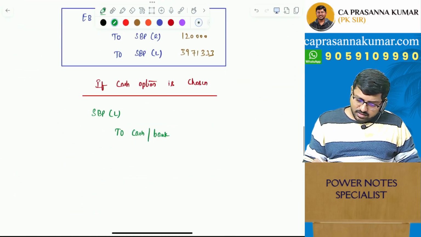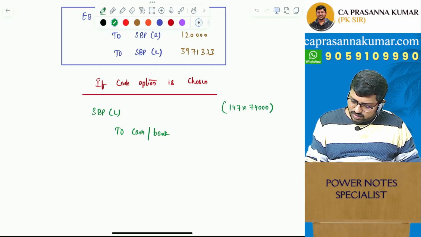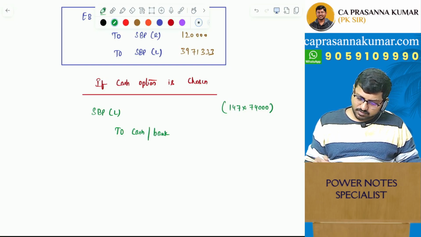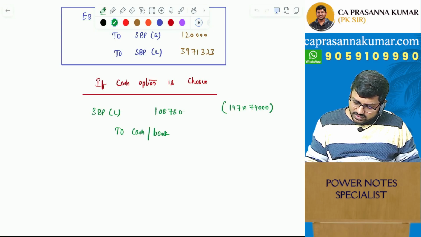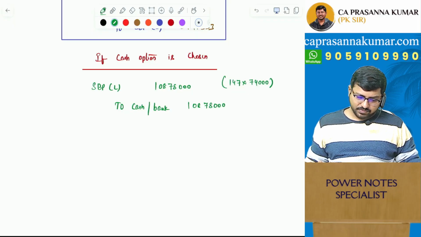Or what is the latest fair value that we have got? 147 into number of options is 74,000. Directly multiply, you'll get the same number. 147 into 74,000, 1 crore 8 lakh 78,000. Which means how much you'll be paying? 1 crore 8 lakh 78,000.